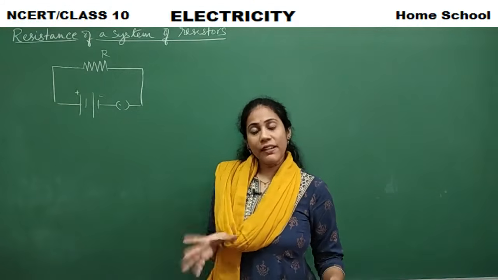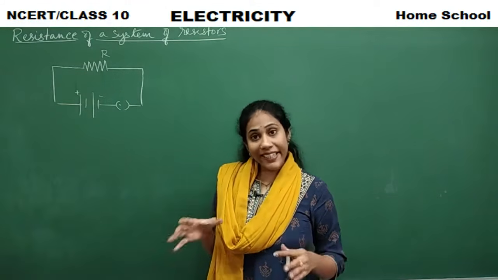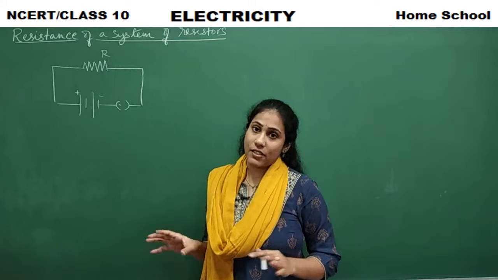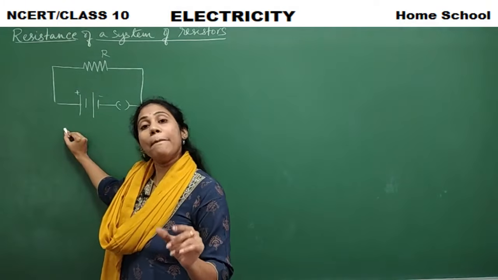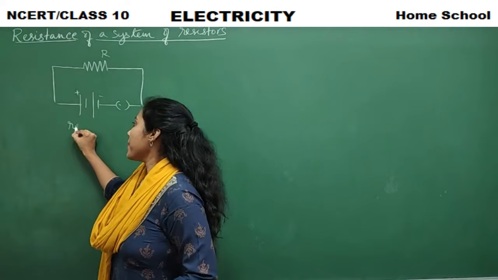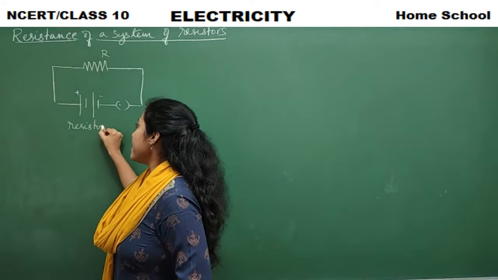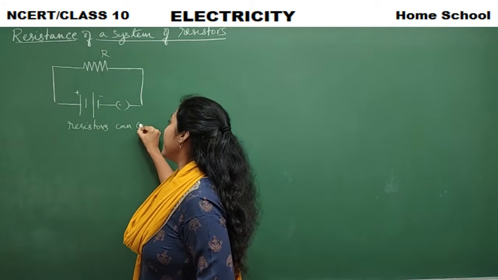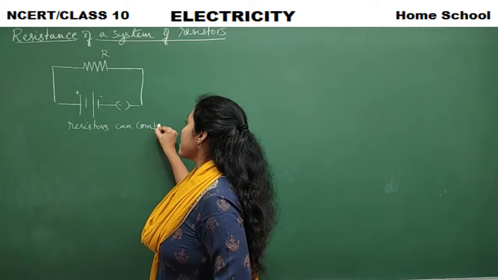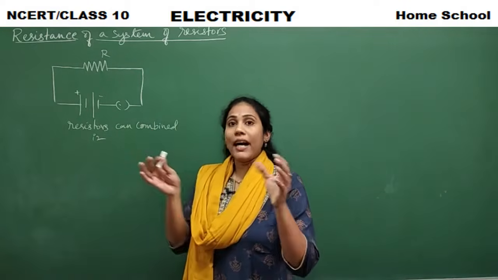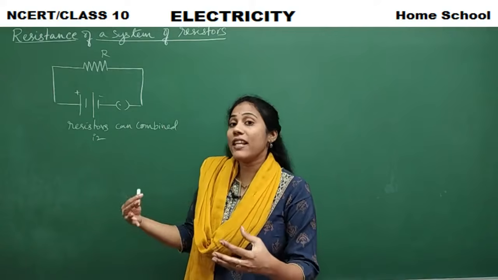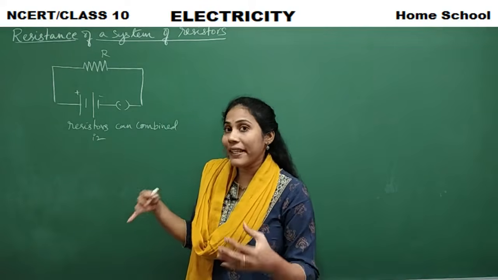Okay, so just now I told you many devices need a combination of resistors. So normally resistors can be combined in two ways. So remember the point, resistors can be combined in two ways. So what are the two ways? One is you can combine them in series as well as you can also combine them in parallel.